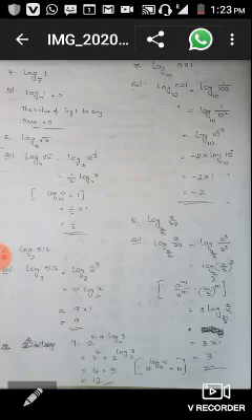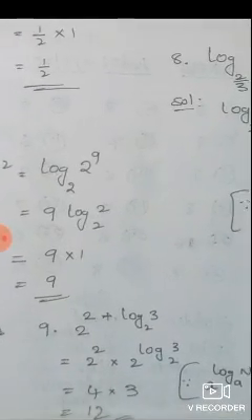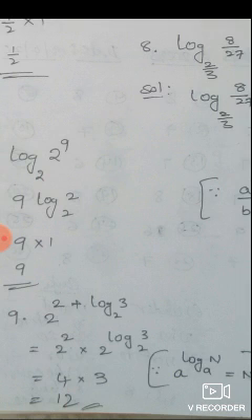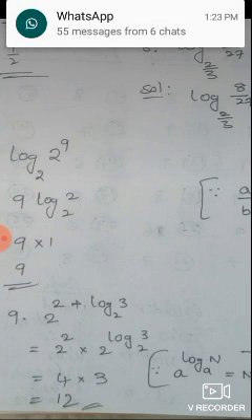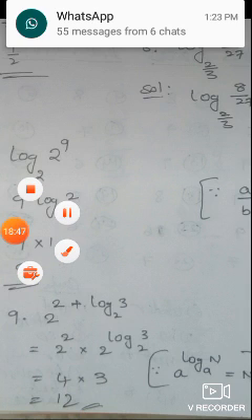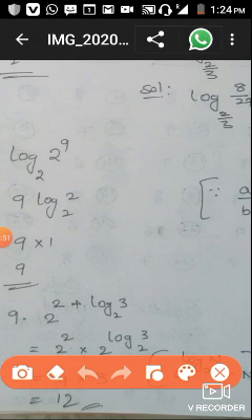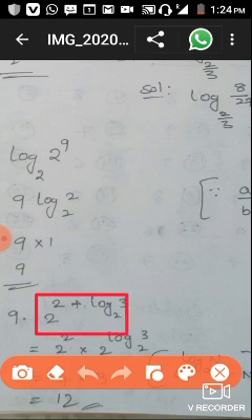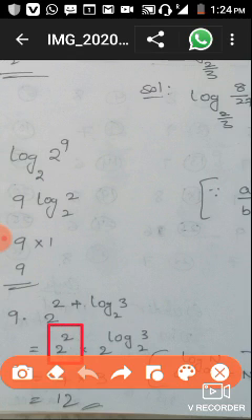So next problem, the 9th question here: 2 to the power of 2 plus log 3 base 2. This is the question. So now we can write, in the first step, this 2 power 2 plus log 3 base 2 as 2 to the power of 2 into 2 power log 3 base 2.